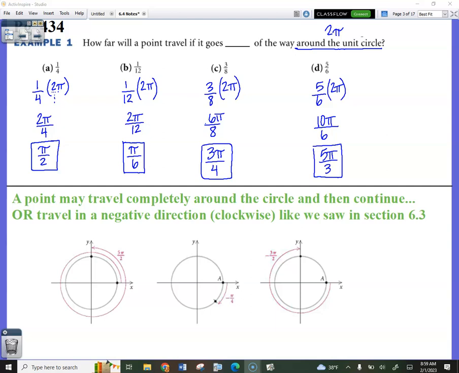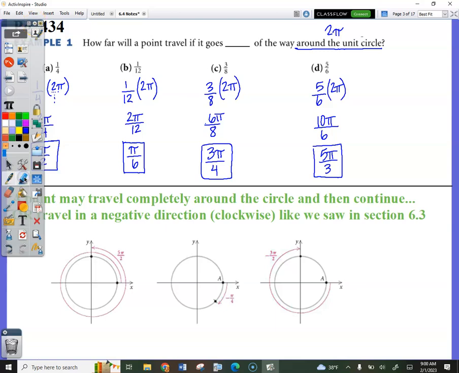A point may travel completely around the unit circle and then continue, or it may travel in a negative direction, which remember means what? Clockwise, like we saw in 6-3. So we may have rotations that, I've said it before, when I say calibrate, I mean between 0 to 360.